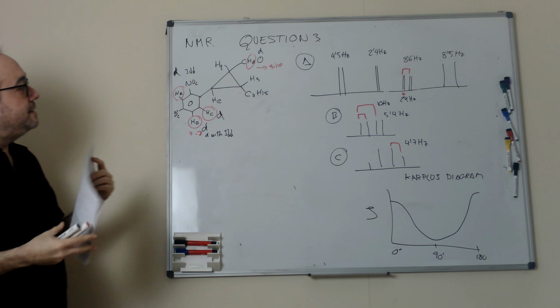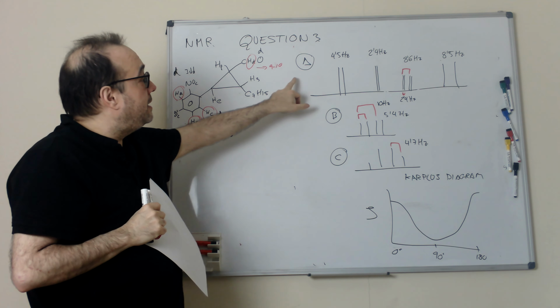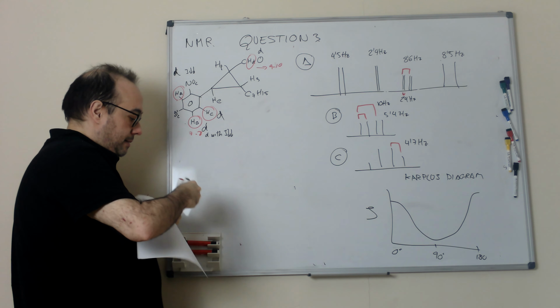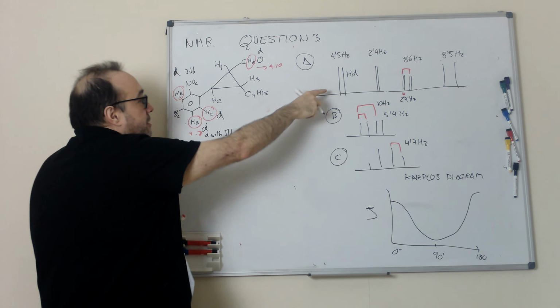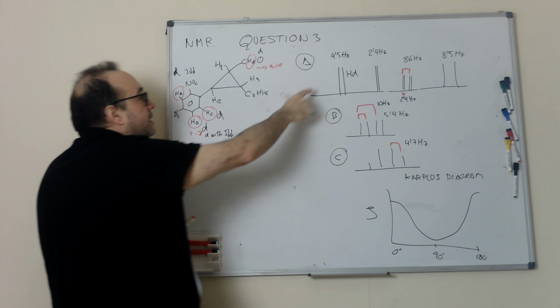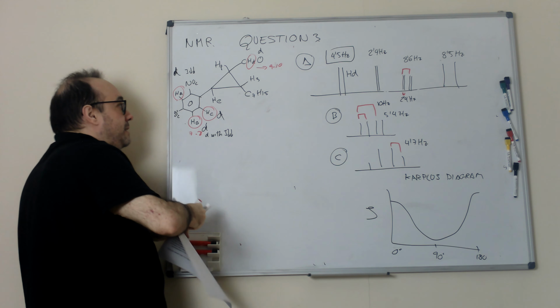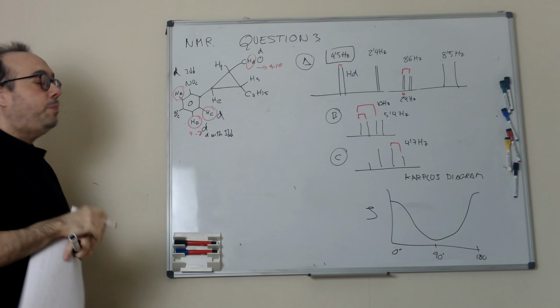Okay, if we analyze part A of the spectrum, we have a doublet that will be HD, because it's the one that is most deshielded, that means it corresponds to the aldehyde. If you subtract these 2 signals, the distance between them gives a coupling constant of 4.5 Hz.